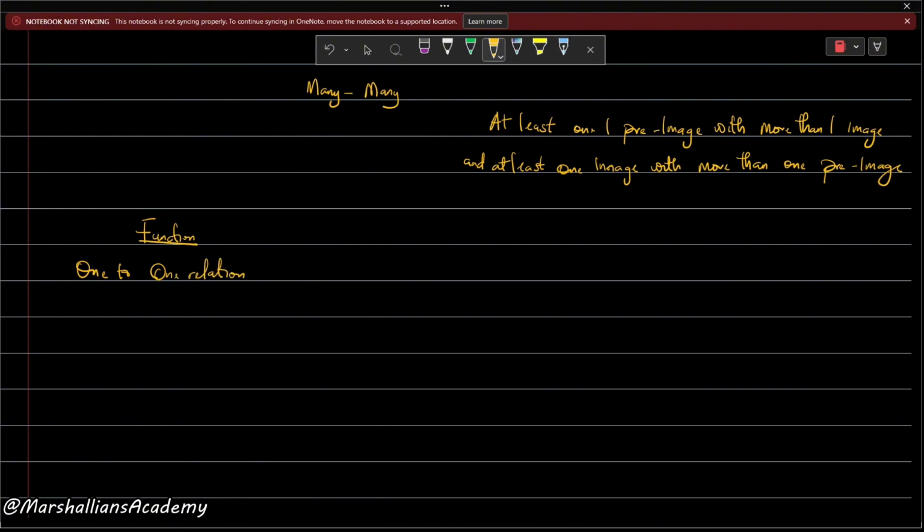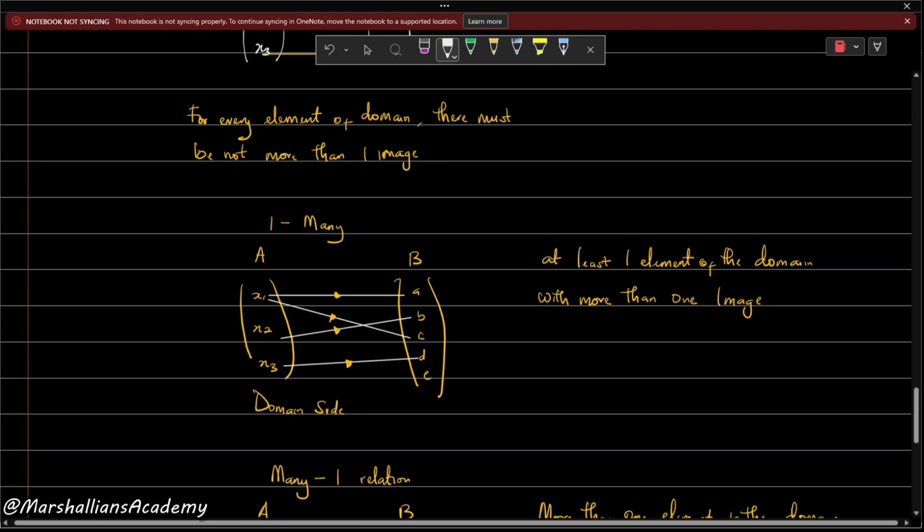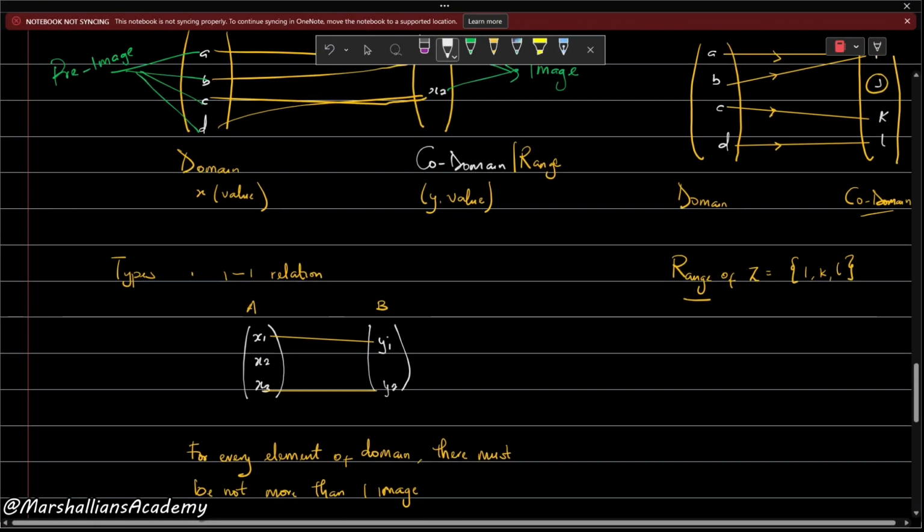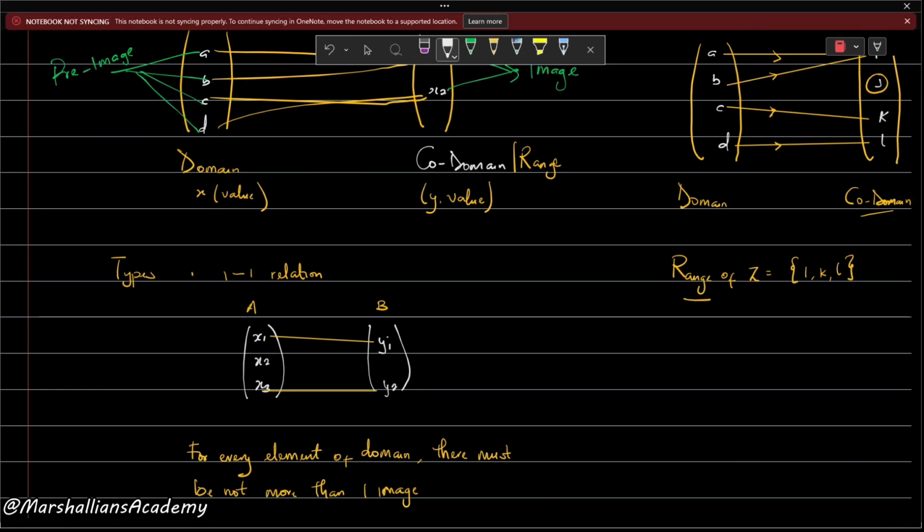That's condition one. In case you don't remember what a one-to-one relation is, I could scroll up and you'll see there's only one image for a pre-image at most.